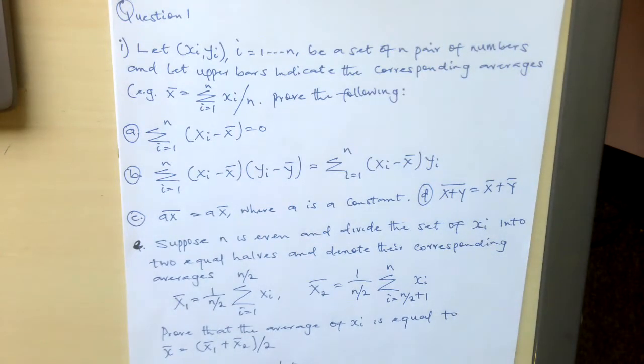Now, and e, of course, suppose n is even and it divides the set of xi into 2 equal halves and denote their corresponding averages.